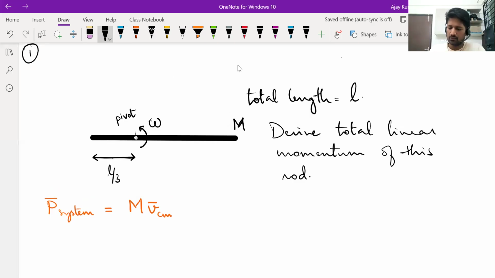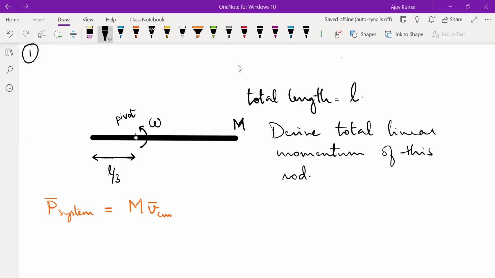Every particle of the rod will be moving in a circle around this pivot, around this axis actually. You have to imagine a line perpendicular to your screen passing through that pivot point. That becomes the axis of rotation. Now let me mark the center of mass of this rod. The center of mass will be at L by 2, the midpoint of the rod. The green dot, which is the center of mass, will be rotating along a circle like this.